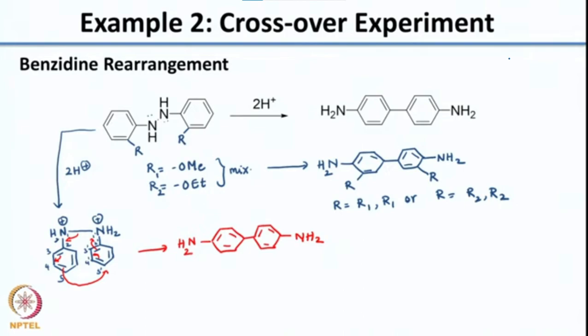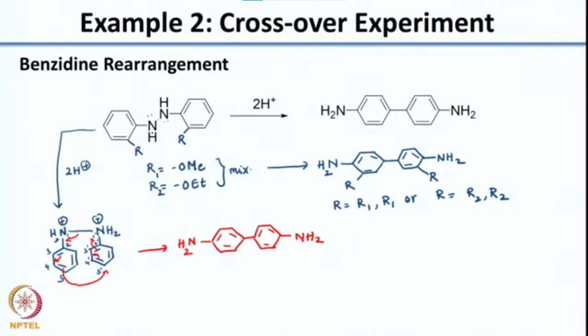So suppose here we have our benzene and R is a group present on each ring. So R can possibly be an OMe group and it can be an OEt group. So it's a mixture of both the groups. So if you get the crossover product, what will be the possibility of the product?